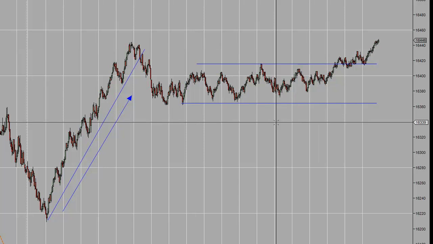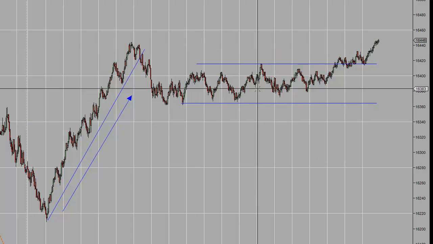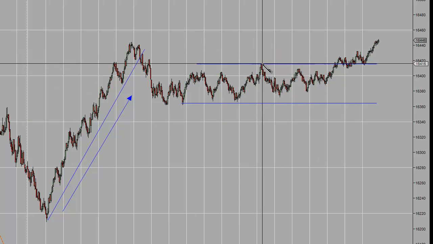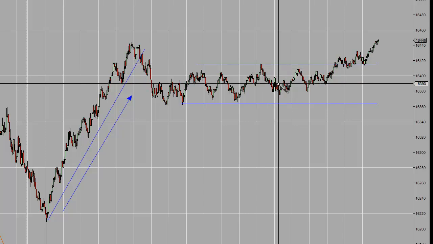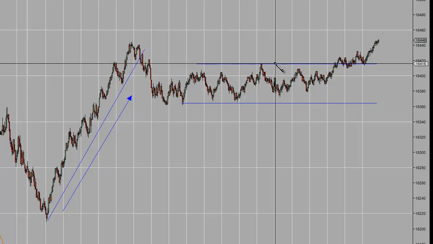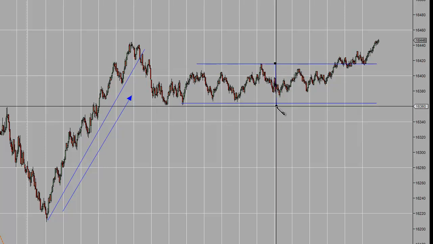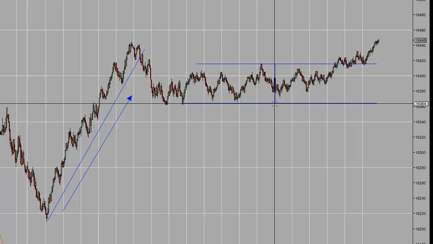Today I didn't take my first trade until about 10 o'clock because we had the housing numbers come out, existing home sales numbers, at 10 a.m. So I didn't start trading until after they were released.